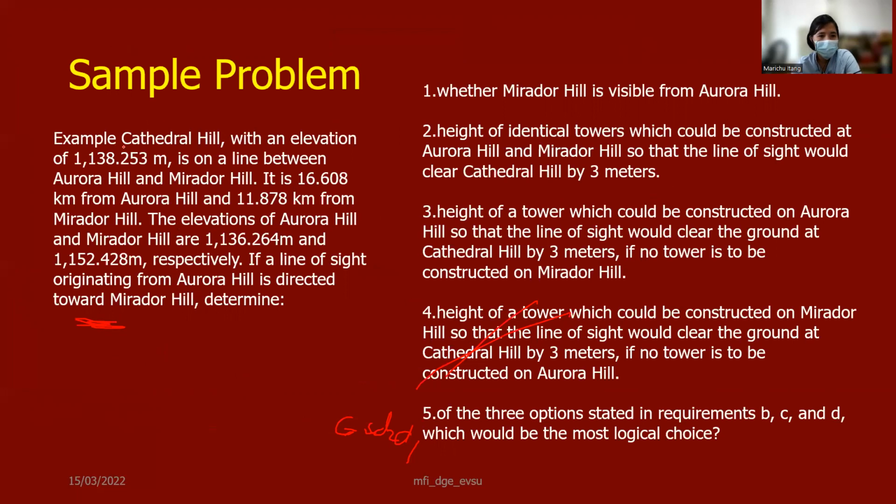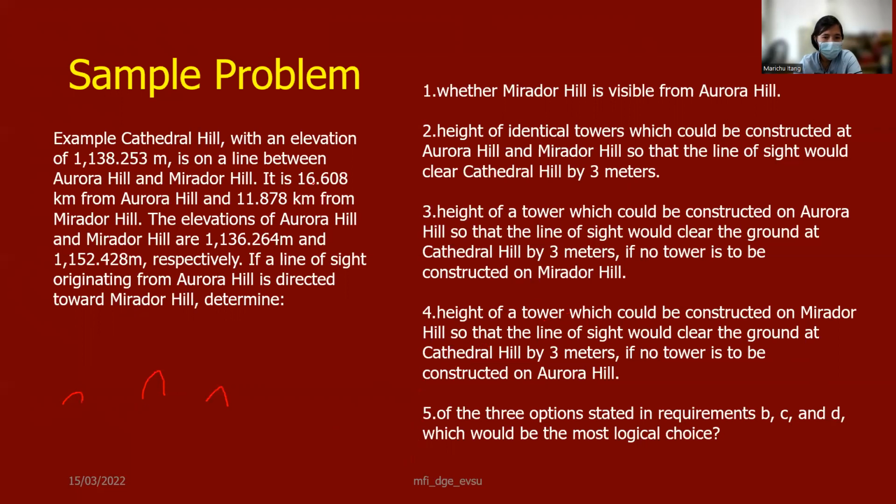So example A, Cathedral Hill with an elevation of 1,138.253 meters is on the line between Aurora Hill and Mirador Hill. So si Cathedral Hill is gitna siya ng Aurora, and then yung isa is Mirador Hill.